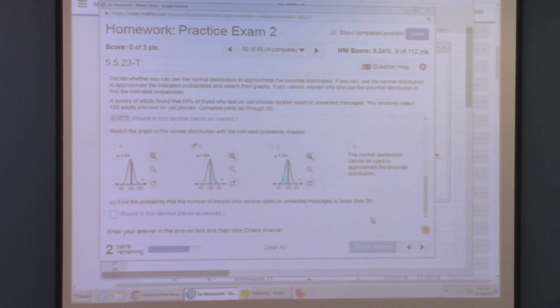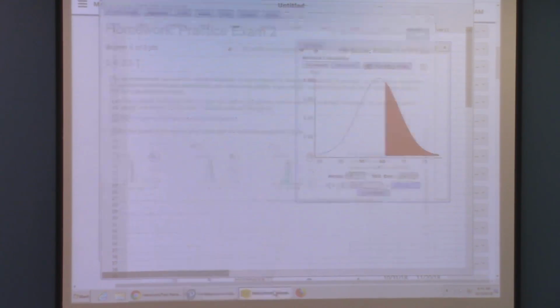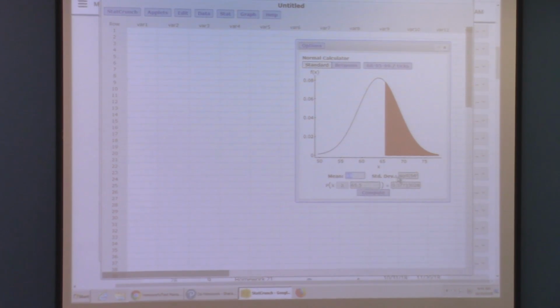And one more, fewer than 66. Okay, go ahead and compute it. So what do you think, fewer than 66, what would that area look like on the normal side? The mean and standard deviations are the same.